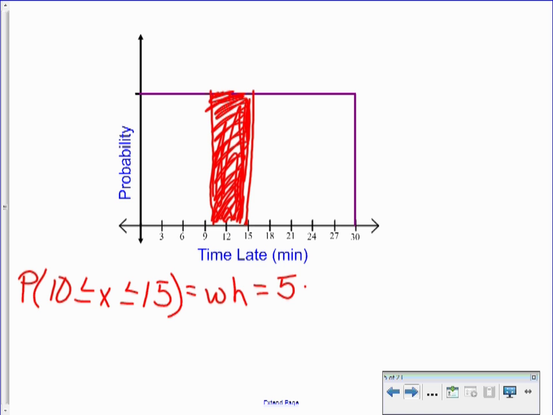That height, of course, is something that we need in order to calculate this answer. So how do we figure out this height? Well, let's figure out what we know. Again, this is all based on area, and we have a rectangle shape for this whole graph. So we can use that same area equals width times height to figure this out. We need to figure out the height, so that is what we are missing.